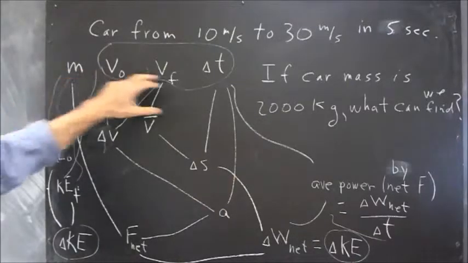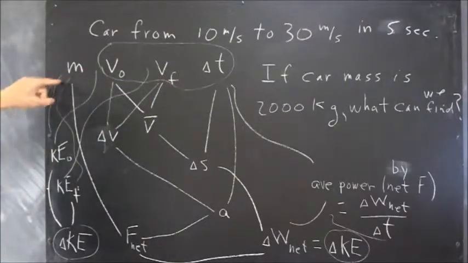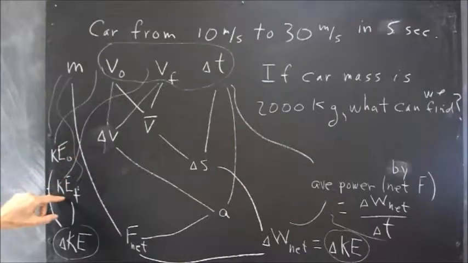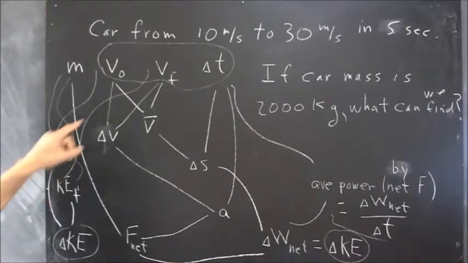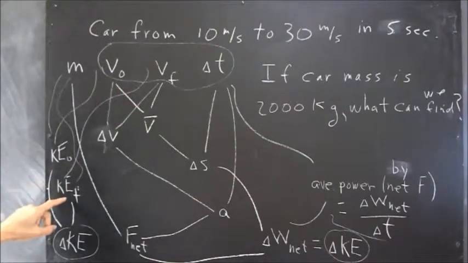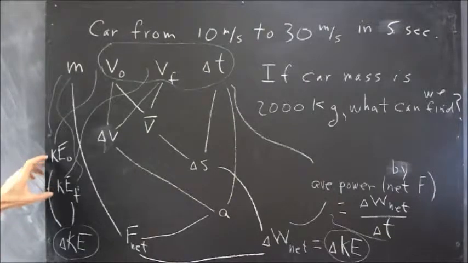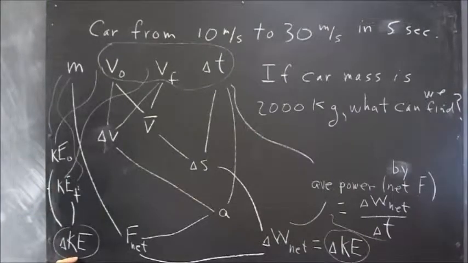Now if we put M together with Vf, well, I had to snake a line down to KE sub f and another one weaving through here to get the final kinetic energy. But M and Vf do give us KEf, the final kinetic energy. Now that we know the initial and final kinetic energy, what can we do? We can put those together to get the change in kinetic energy.